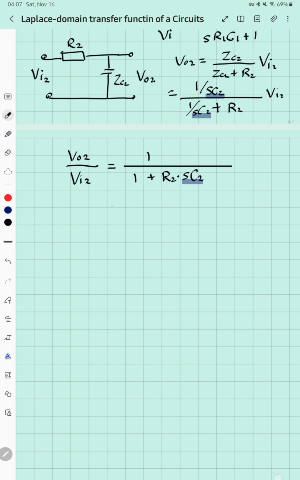And then you rewrite it nice and neat. It'll be 1 over S R2 C2 plus 1. That will be VO2 over V in 2. So that was the second circuit. If you want me to elaborate, you were multiplying both sides by SC2, this whole thing.